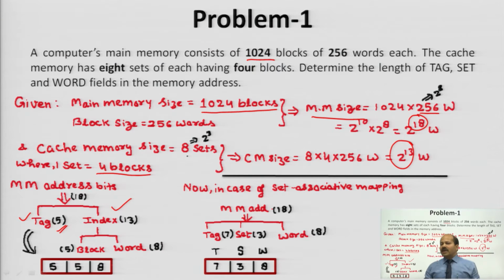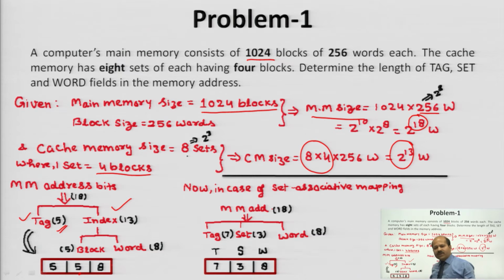Now, in case of set associative mapping or direct mapping, the index is further divided into blocks and words. How many blocks are there in the cache memory? There are 32 blocks, because there are 8 sets and in each set there are 4 blocks. So, that is why it comes as 5.